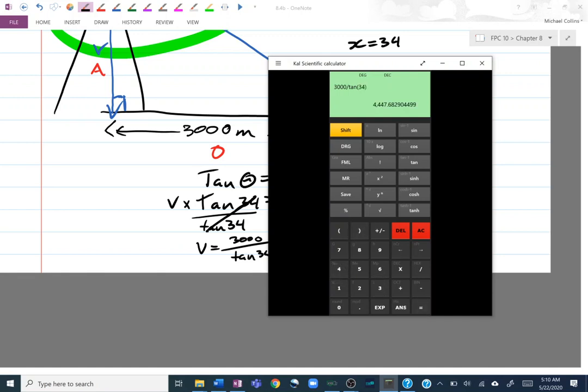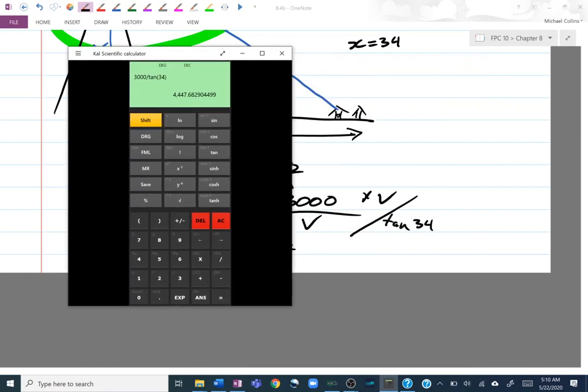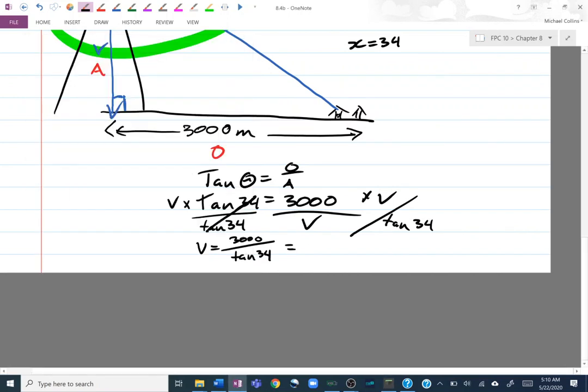Close that bracket, and that's equal to 4,447 meters. If you know hiking at all or climbing, you know that's a doozy of a day.